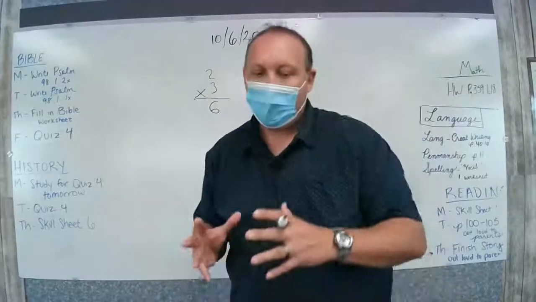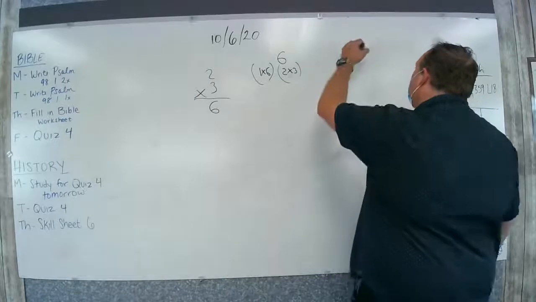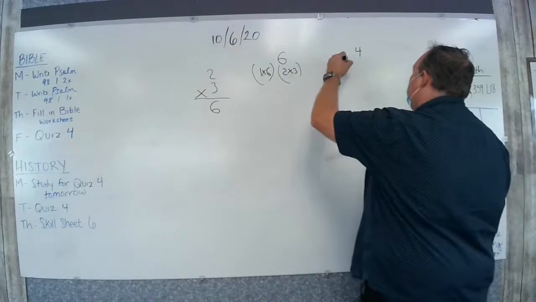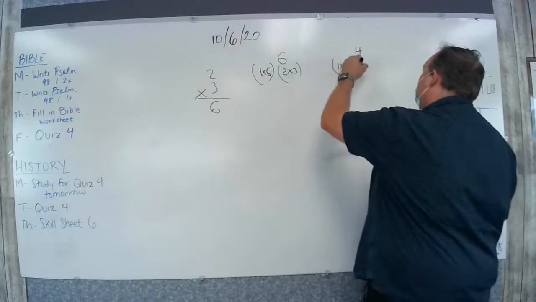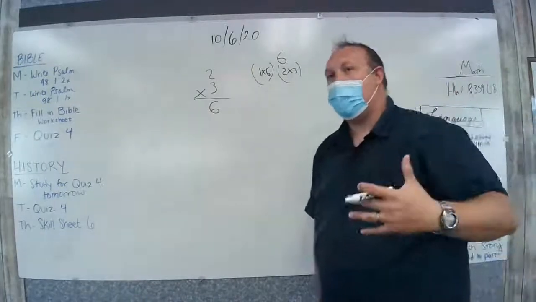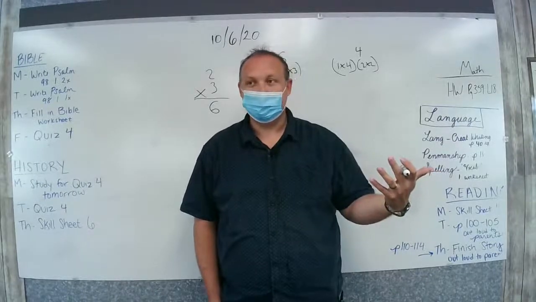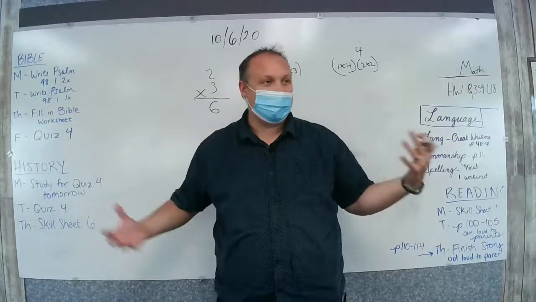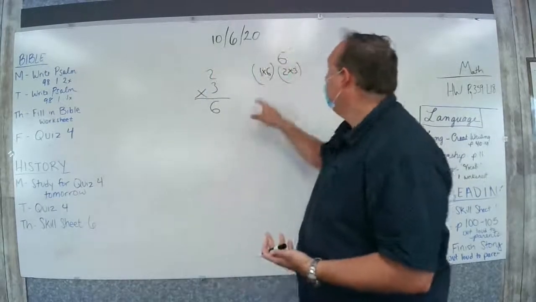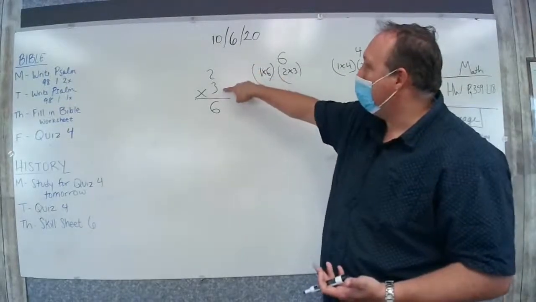Okay? The greatest common factor is if I have two products, and I list all the factors of both products. The greatest common factor, greatest means what? Biggest. Factor is any one of these, a number you multiply times another number to get a product.